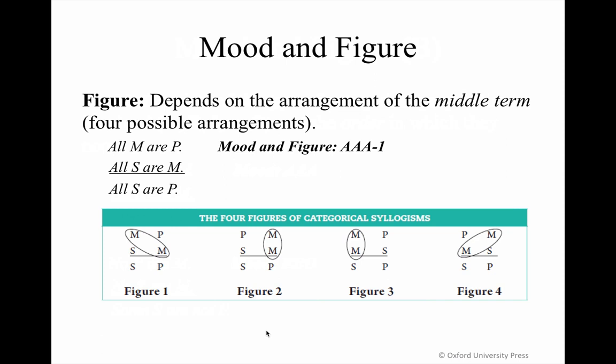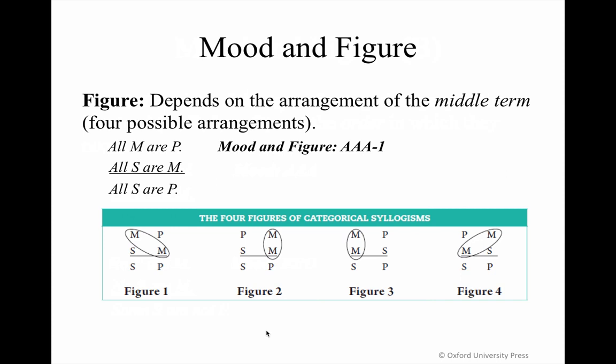But in figures 2 and 4, it appears in the subject position. So in terms of the categorical syllogism, the arrangement of subject and predicate positions have nothing to do with the grammatical subject or predicate in the relevant premises, namely major and minor premises.